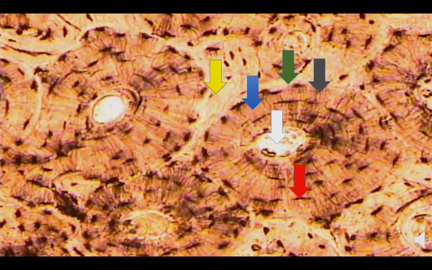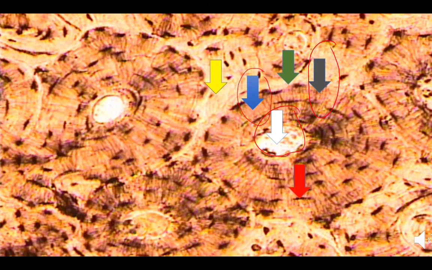Okay, so let's identify first what is being pointed by the arrow. Okay, so on your end, you can identify, no? So the white arrow is pointing at what? The central canal, other name, the Haversian canal. The blue arrow is pointing at what? Very good, a lamella. Okay, the gray arrow is pointing at what?